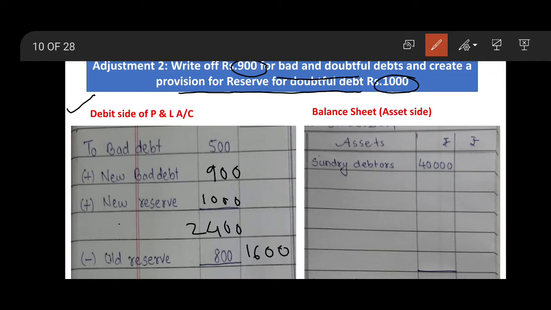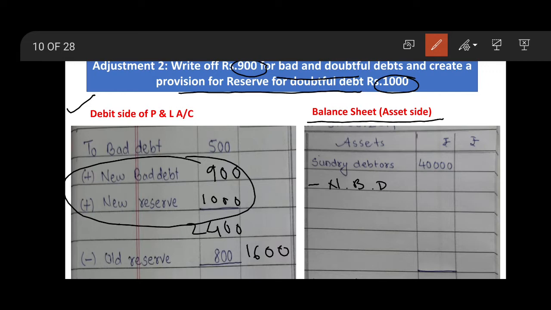Now what to do with these new bad debts and new reserve? We'll go to the sundry debtors in the balance sheet asset side. Whatever we have added here will be deducted in the sundry debtors. So less new bad debts 900 and less new reserve, means new RDD, that is 1000.